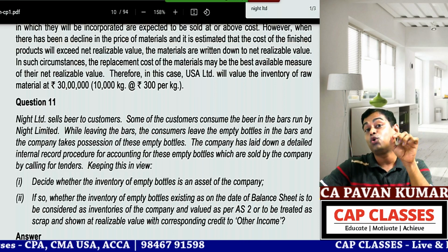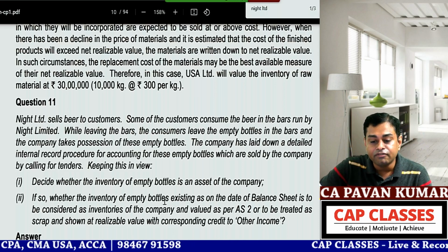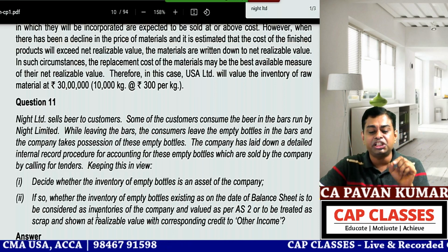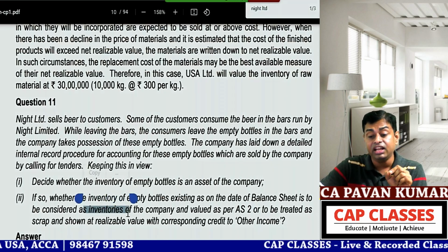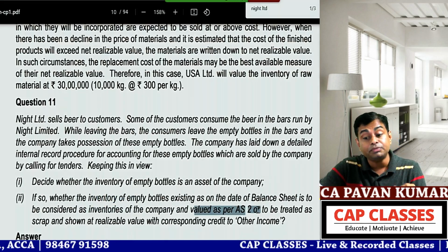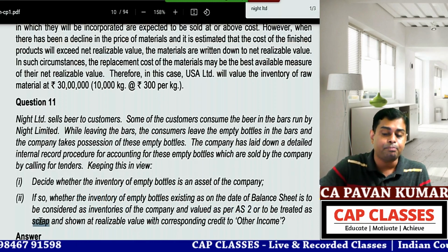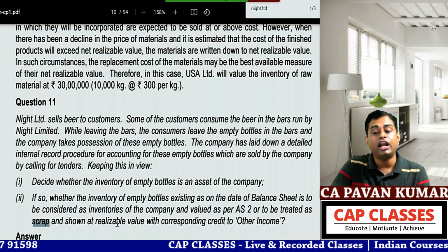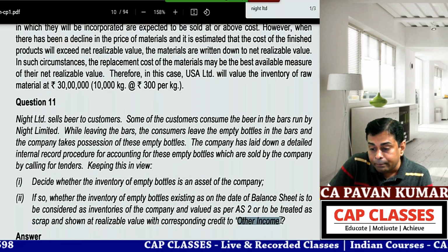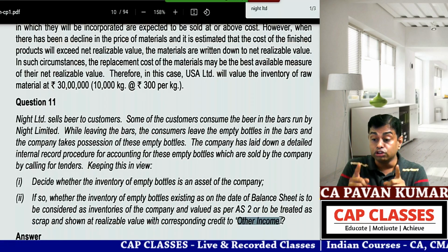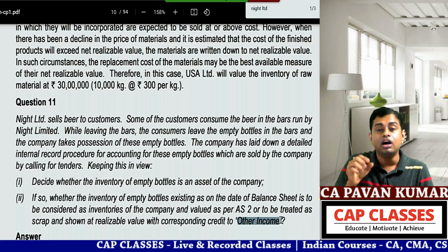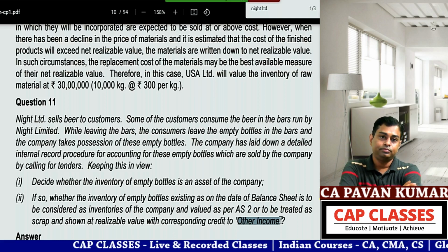Then if so, whether the inventory of empty bottles existing as on the balance sheet date is to be considered as inventory, and should it be valued as per Accounting Standard 2, or should it be treated as scrap, showing realizable value in the other income? So do you think it is Accounting Standard 2 inventory, or do you think it is scrap?